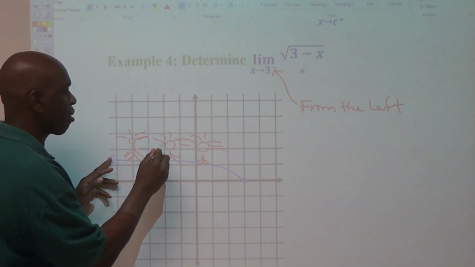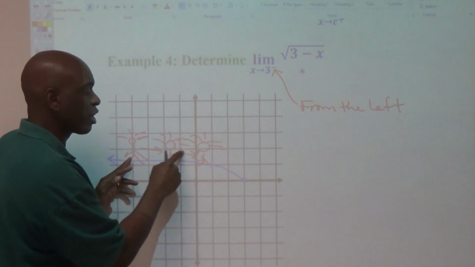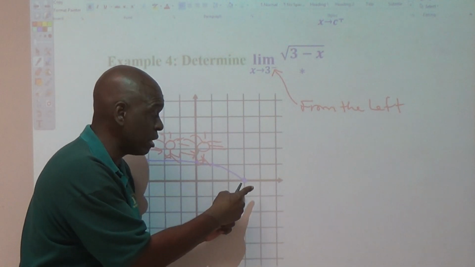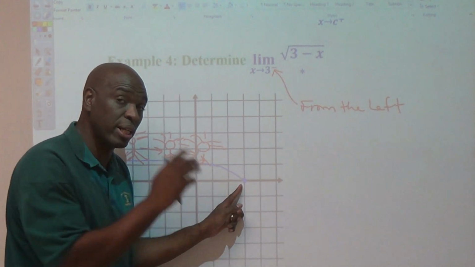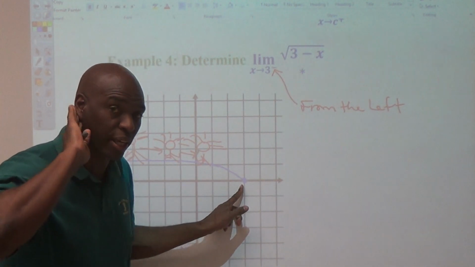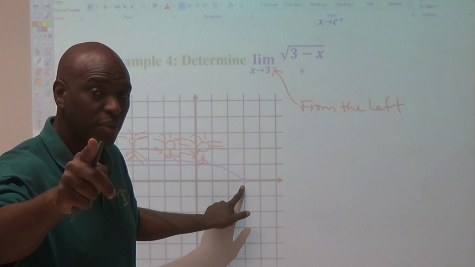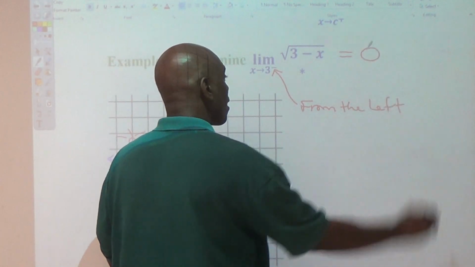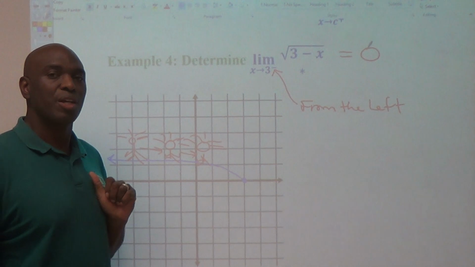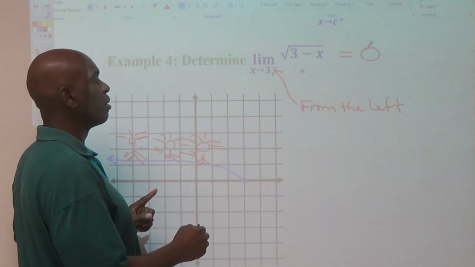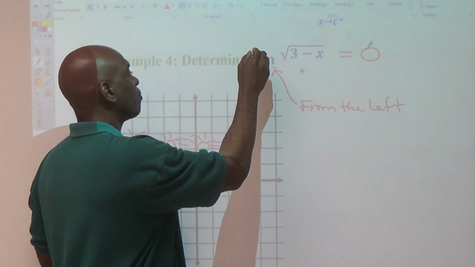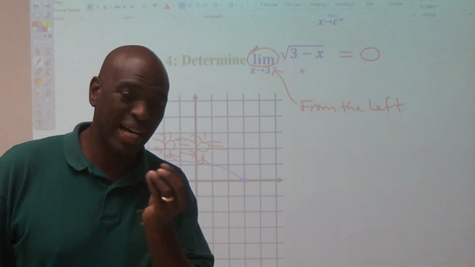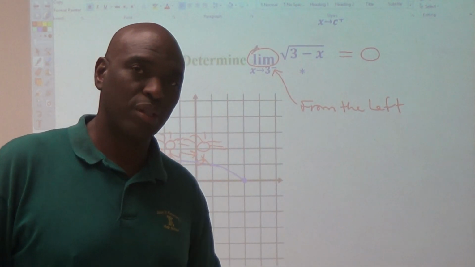And as you walk and you get closer to 3, what is your y value at 3? Your y value is what? Right, it's 0. That's the limit. Because remember now, when we refer to limit, we're primarily talking about y values.